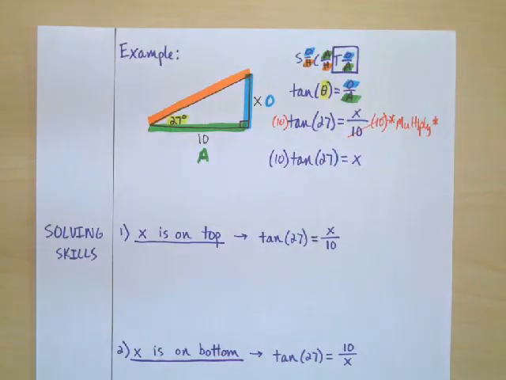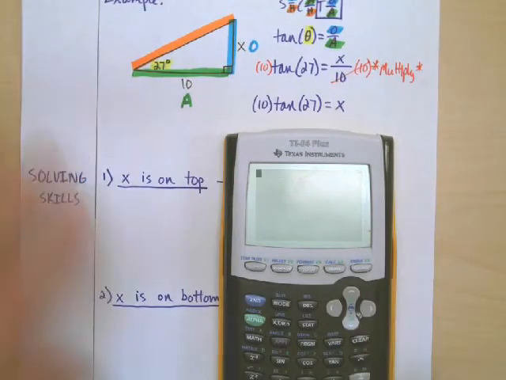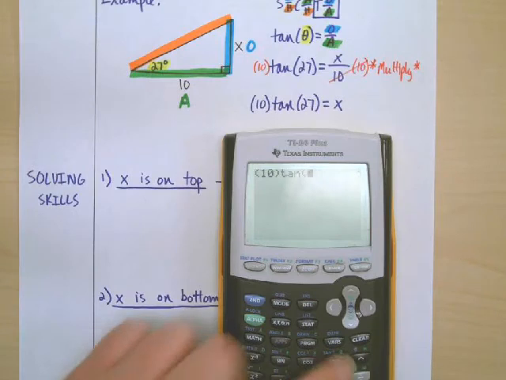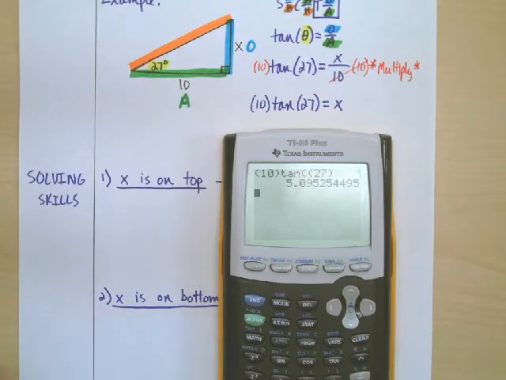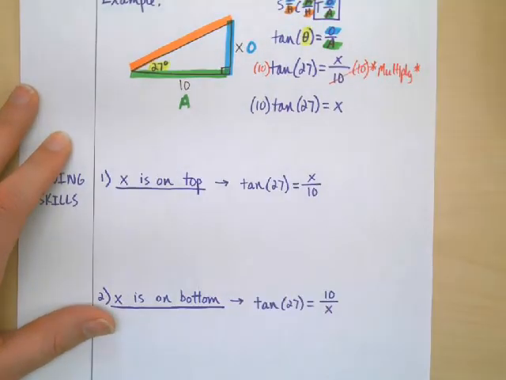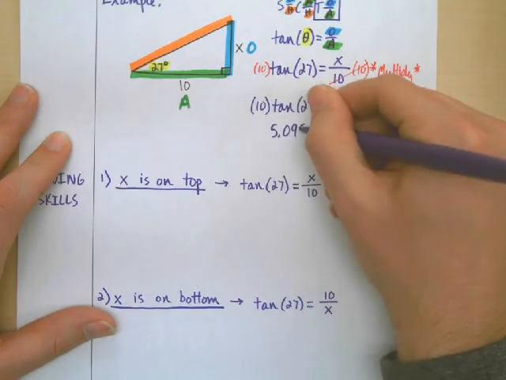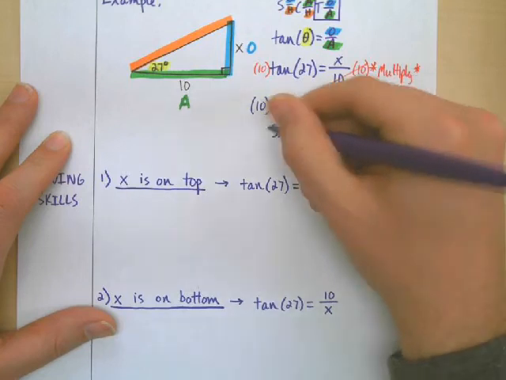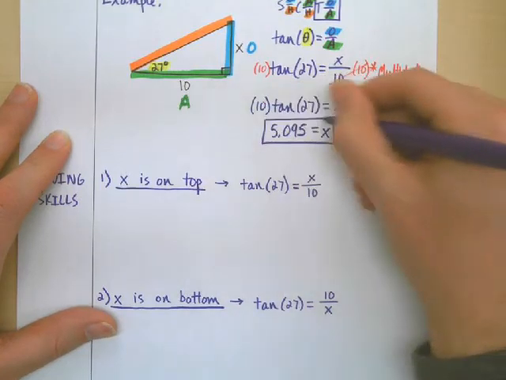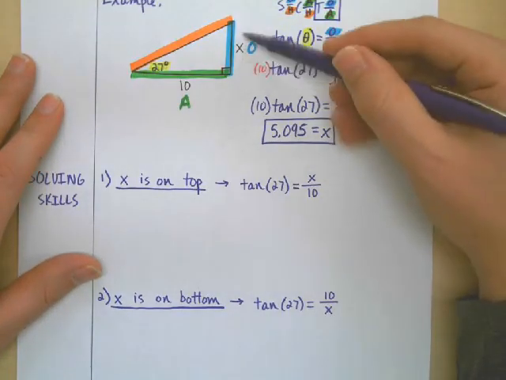And then, on my calculator, I'm going to calculate 10 tan 27, and it's 5.095. So that's our answer. That's our value for x. That's how long this side of the triangle is.